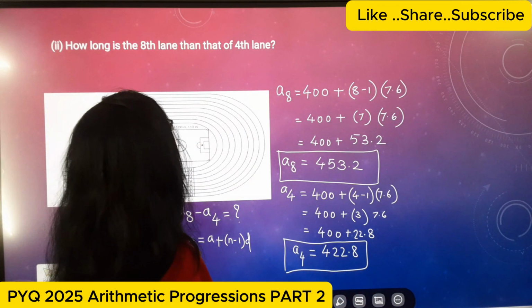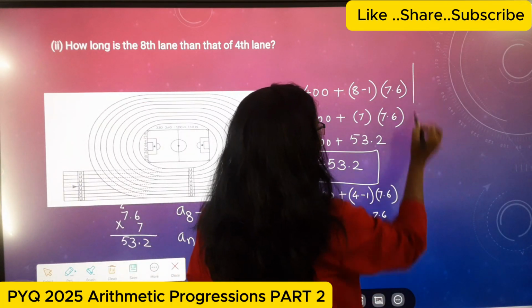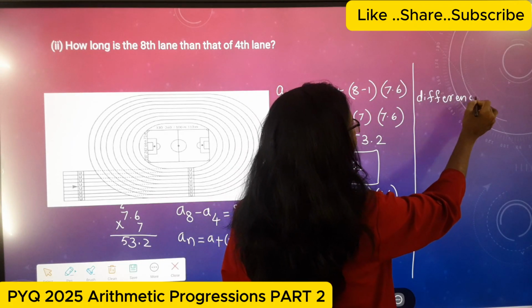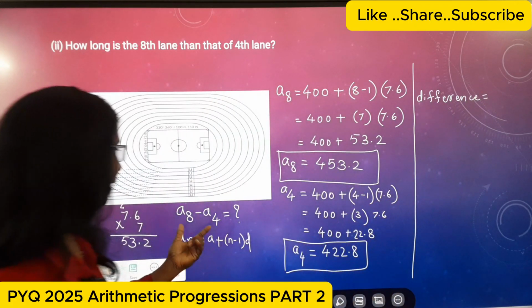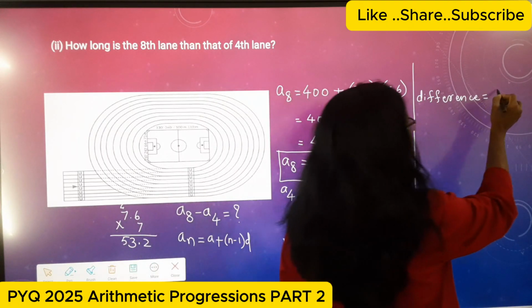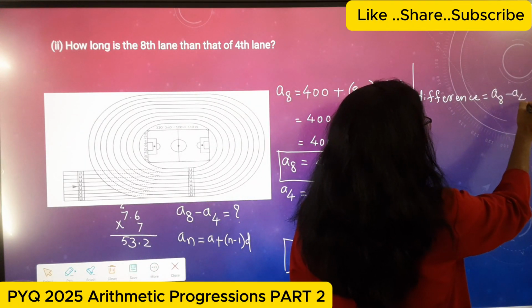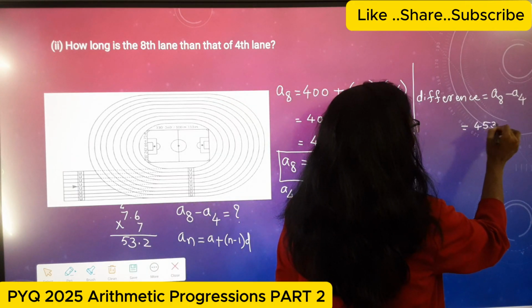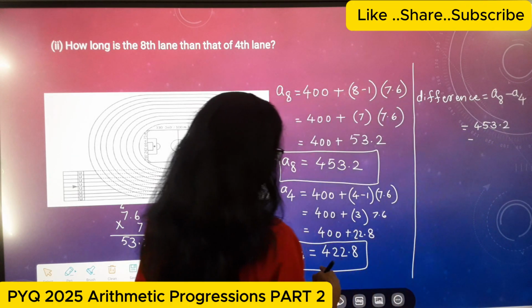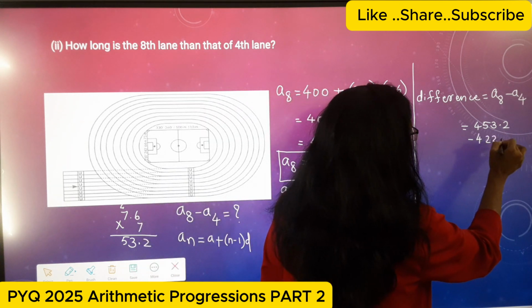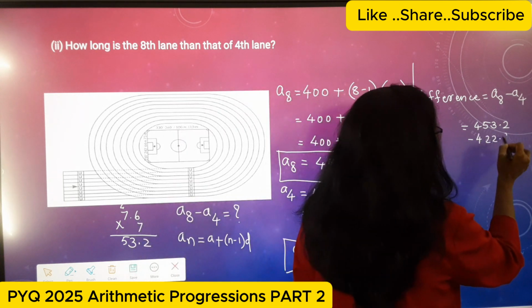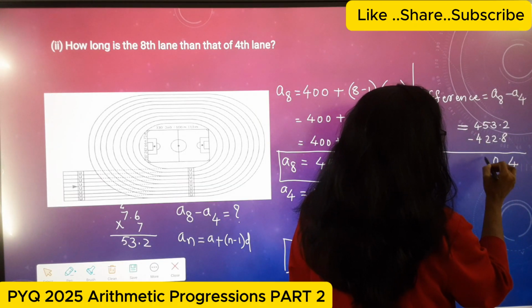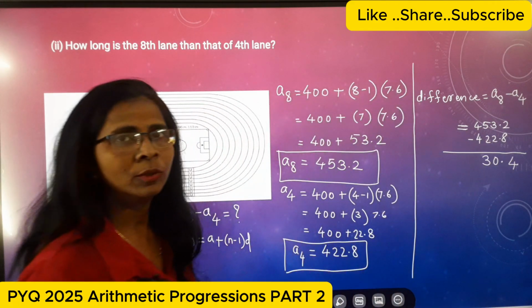So now here we write the difference. The difference is A8 minus A4, which is equal to 453.2 minus 422.8. So that means 30.4.